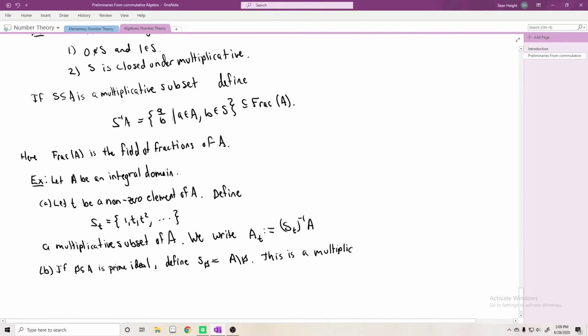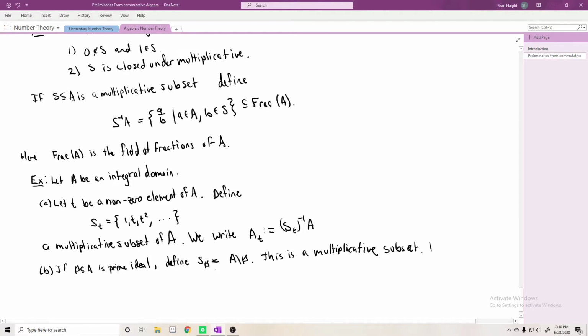Let me quickly explain why. Clearly, 1 is not in P because it's a proper ideal, so it is in S sub P. 0 is in P because it's an ideal, so it's not in S sub P. And the condition that P is a prime ideal is exactly the condition that S sub P is closed under multiplication.